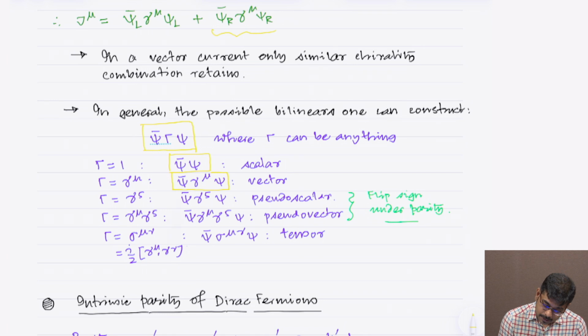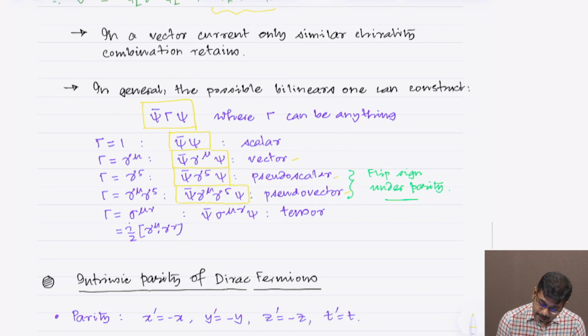I can also have psi bar gamma^5 psi. So psi bar gamma^mu psi is called a vector. Psi bar gamma^5 psi is called a pseudo scalar. On the other hand, I can also have psi bar gamma^mu gamma^5 psi, and that is a pseudo vector. And I can also have sigma^(mu nu) in between, which is nothing but i by 2 times the commutator of gamma^mu and gamma^nu, and this is a tensor.